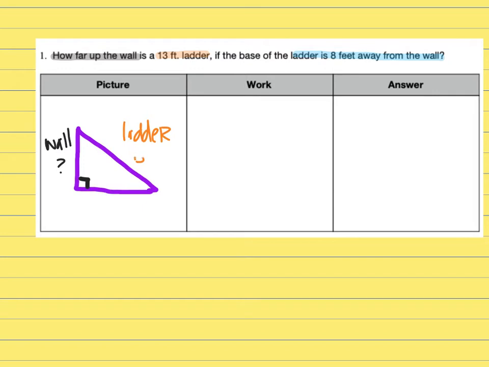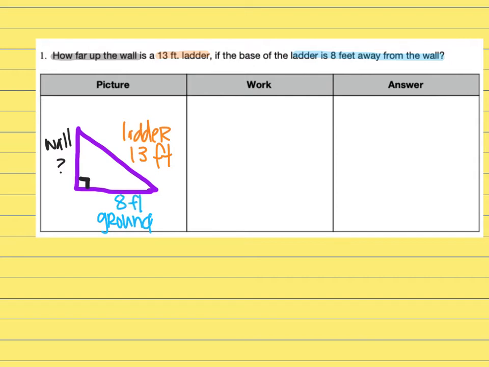It kind of looks like a B, so let me make that better as a 13. 13 feet. And then the last thing is the ladder is 8 feet away from the wall. So that would be on the ground. It's down here, and it's 8 feet away.